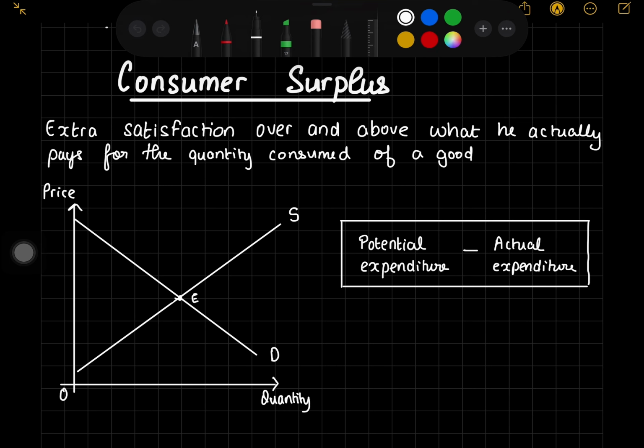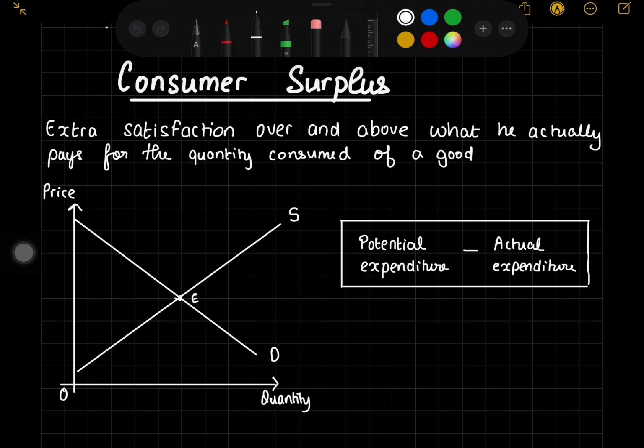A consumer is willing to pay an amount, but the actual amount he pays might be different from the maximum he will be willing to pay. In simple terms, consumer surplus is the extra satisfaction over and above what he actually pays for the quantity consumed of a good. Alright? So consumers are rational and they normally demand goods and services to satisfy their want.